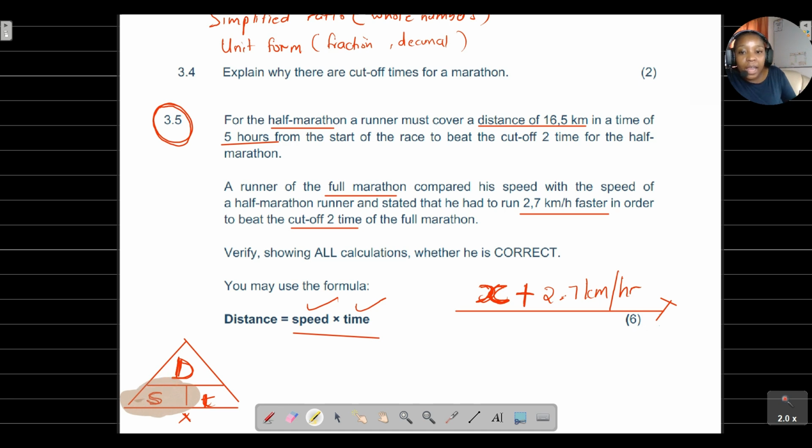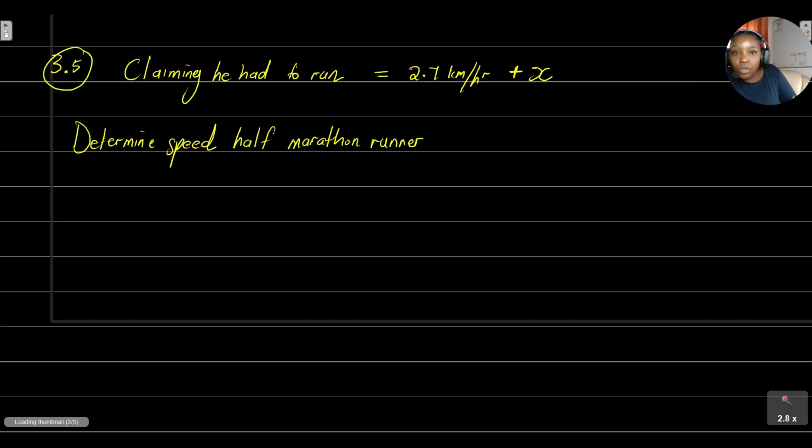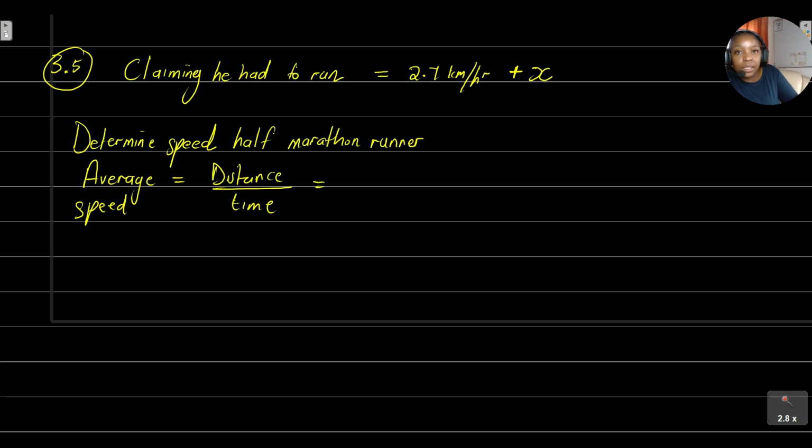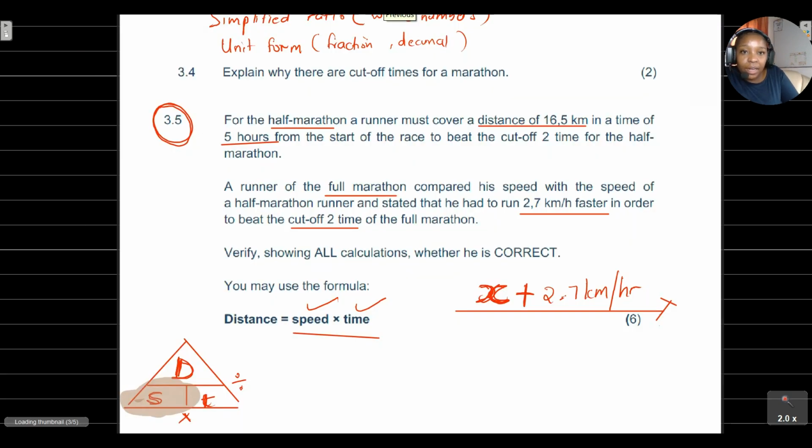According to this triangle, what do we see here? To get the speed is equal to distance. Remember, value at the top, value at the bottom basically means that we divide. So I'm going to write there that the average speed of the half marathon runner is equal to distance over time. What is the distance that the half marathon runner travels?